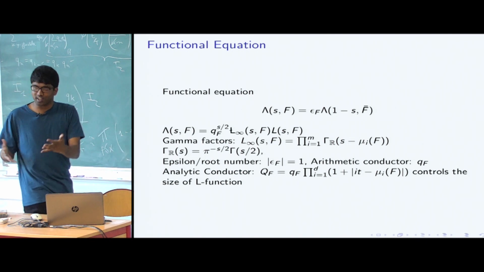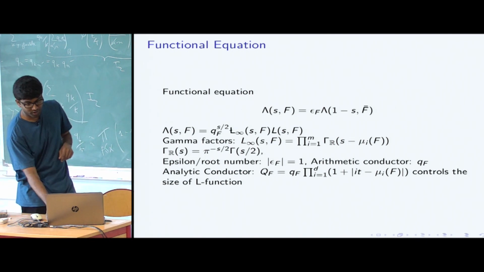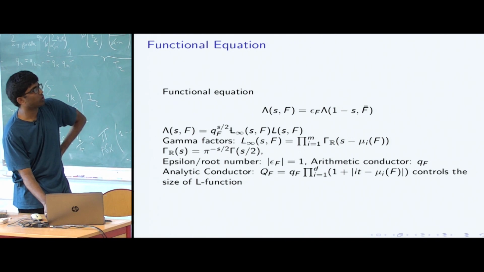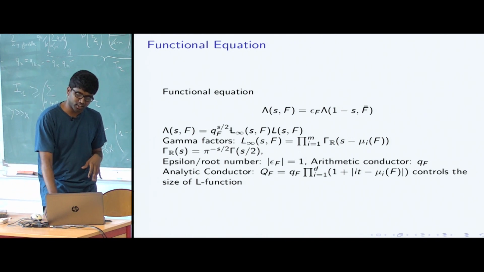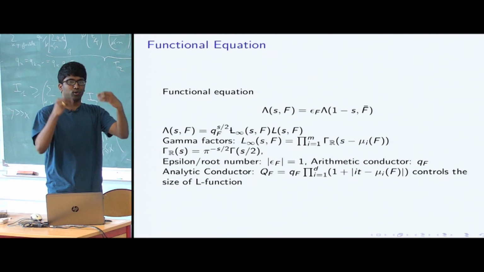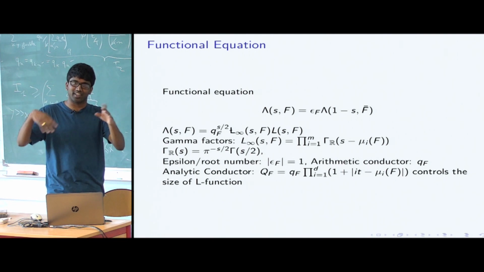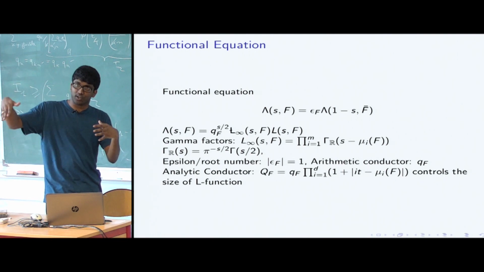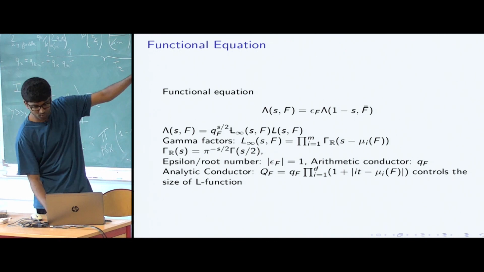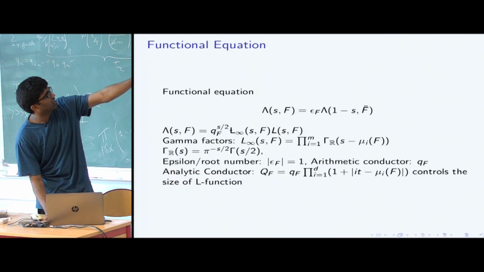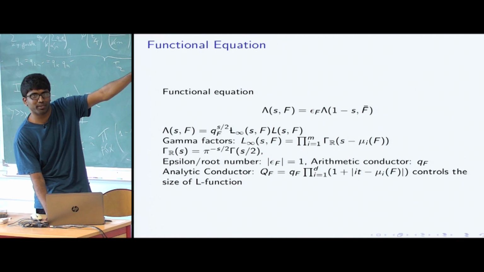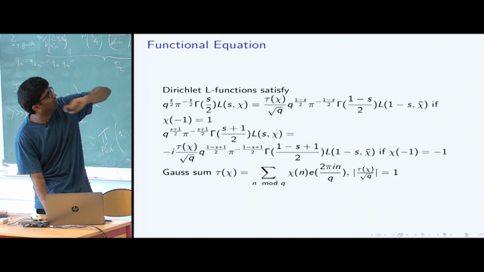The functional equation is the second most important analytic property of these L functions. If you want to control the size of these L functions, note that L functions have all these parameters. The Dirichlet coefficients are parameters. There are parameters in the gamma factors, and parameters coming from the arithmetic factors in the functional equation.